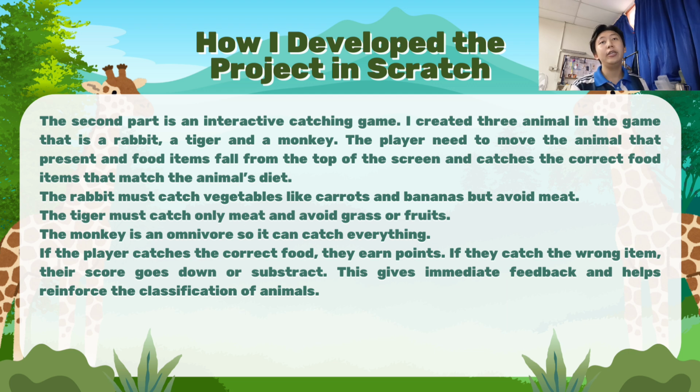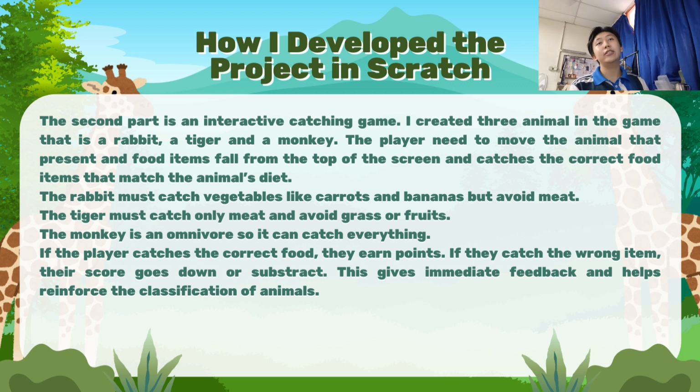So the student needs to catch the correct foods for the animal present. The rabbit must catch vegetables like carrots and bananas, but avoid meat. If they catch the meat, their score will be subtracted. The tiger must catch only meat and avoid grass or fruit.